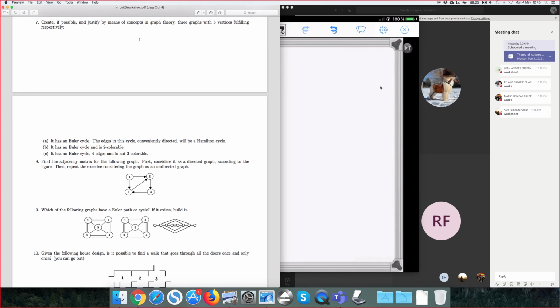Okay? In all the cases, we need to obtain graphs with 5 vertices. And in the first case, we need an Eulerian cycle and also a Hamiltonian cycle. The Eulerian cycle must also be a Hamiltonian cycle.